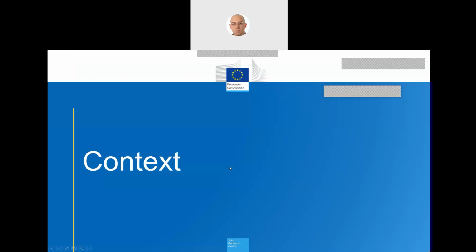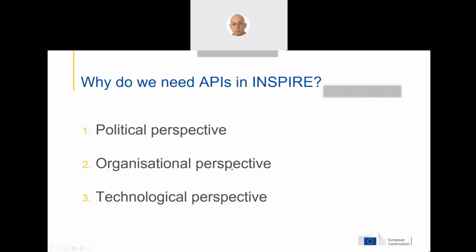Diving directly into the details about the context. The first question that we need to ask ourselves is why actually do we need APIs in INSPIRE? And in order to answer that question, there are several different perspectives that we can adopt.